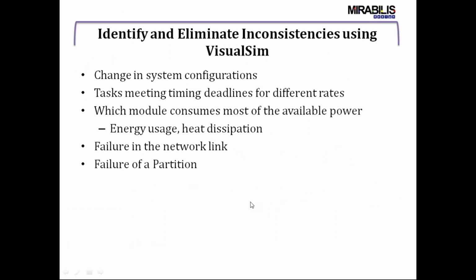Okay, and the kind of inconsistencies that we enable you to identify and eliminate includes changes in the system configurations. As I just showed you, you can change the system configurations and try to understand how exactly the system is going to behave.